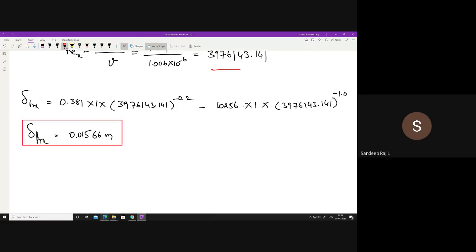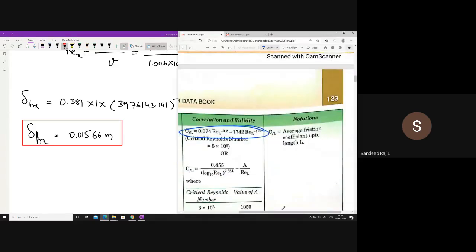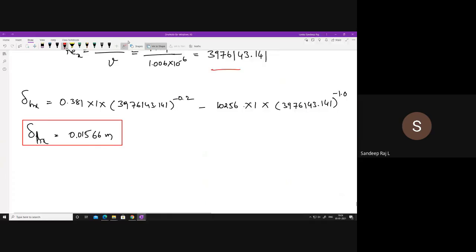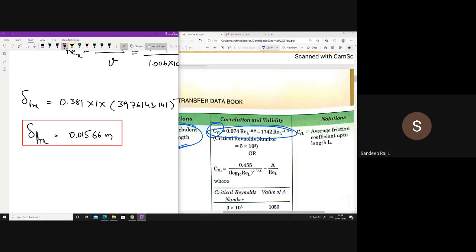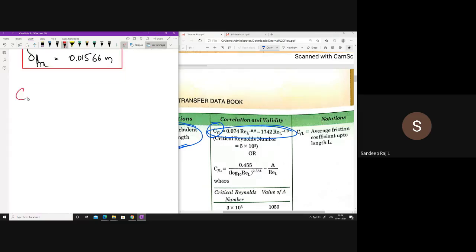Let us move to the calculation of the C_fL. Let's make use of this formula here. Let me write it.